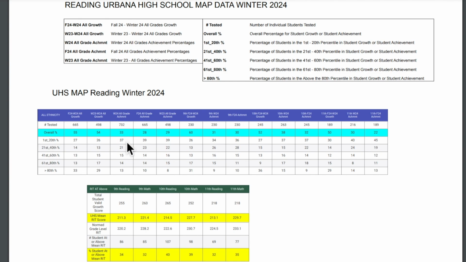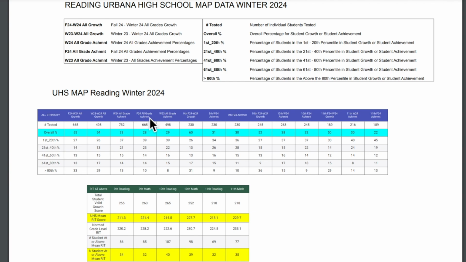So in reading, 37% of our students are in the 1st to 20th percentile in achievement. 21% are in the 21st to 40th percentile. 15% at the 41st to 60th percentile, 14% at the 61st through 80th percentile, and 13% above the 80th percentile in achievement. So that was winter.